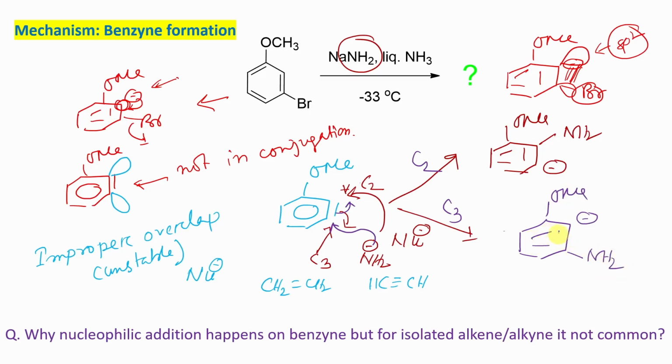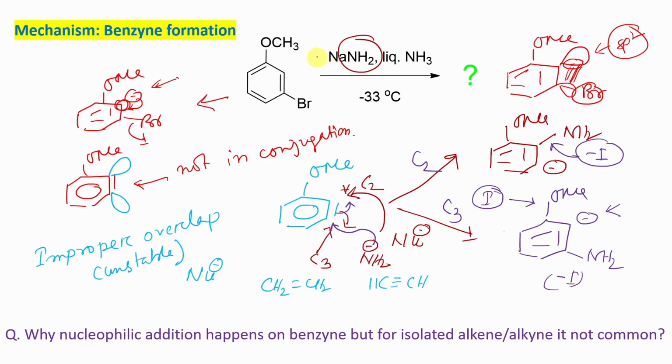By the way, if you look at previously, this negative charge was stabilized a little bit by the minus I effect of this carbon nitrogen bond. But here at this position it is relatively more stabilized, because both the minus I of this nitrogen as well as this oxygen are working to stabilize this negative charge. Consequently, this is relatively more stable, so it will be produced.